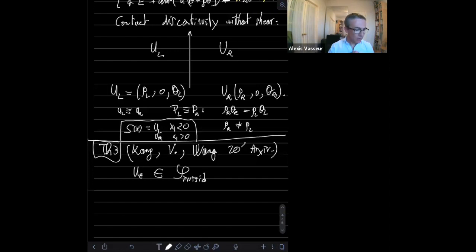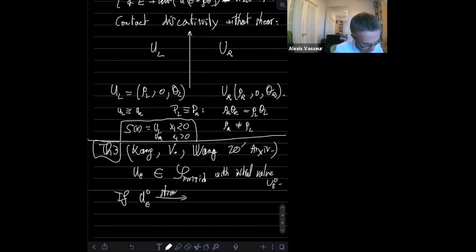So any inviscid weak limit of Navier-Stokes-Fourier with initial value U epsilon 0, and if U epsilon 0 converges in some strong sense to U0, then your U epsilon will converge, weakly for sure, to your S, for t equal to 0 and t positive.